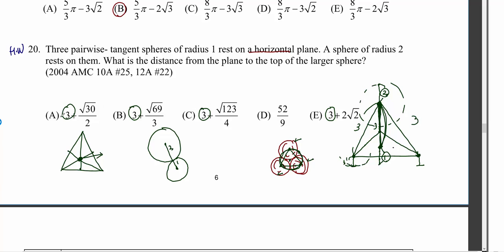How can you find this one? This is 3, we know that. Now we are going to find this length, which is the length over here. Now let's find the length of this side. This side is 2, so what is the height?